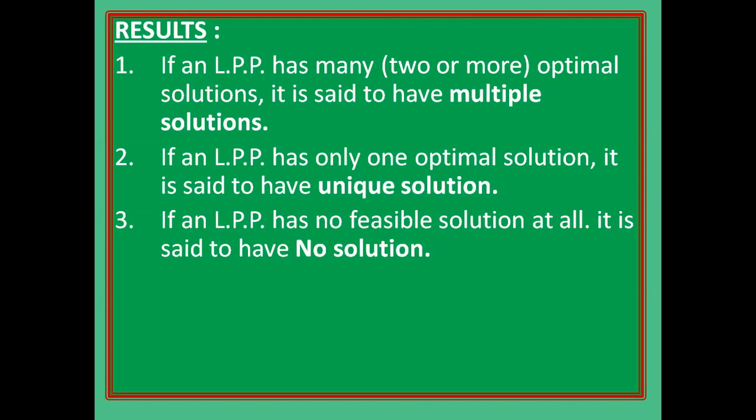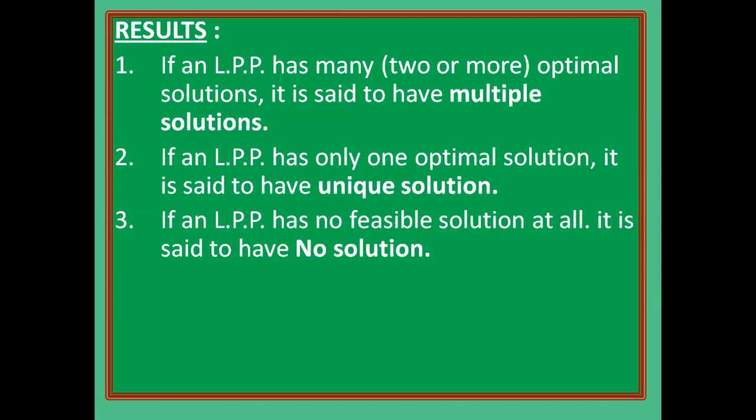Once a feasible solution is there, corner points will be used to evaluate the given z objective function and we will be able to obtain the optimal solution, either in case of maximization or minimization. If by chance we are not able to get a feasible solution, then we will not be able to get further optimal solution. That's why if no feasible solution at all is present in a given problem, then it is said to have no solution.